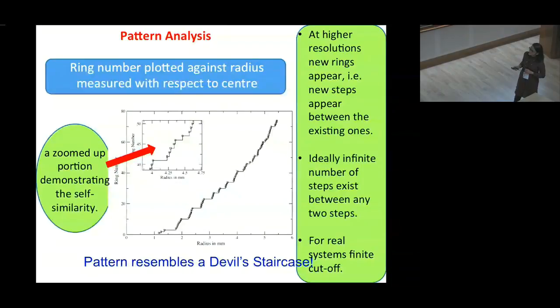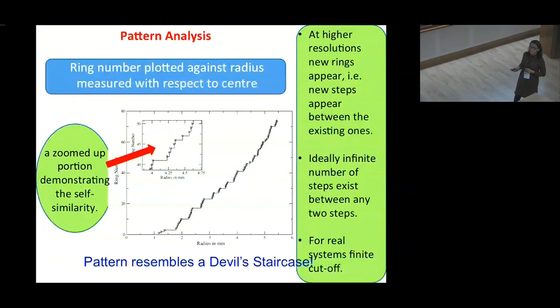However, if you look at any portion of the ring and blow it up, you see that the same kind of staircase structure is visible. See here, the length scale is from 4 to 4.75 millimeters, whereas this was from 1 to 6 millimeters. So even a small portion, when magnified, shows the same ring structure.